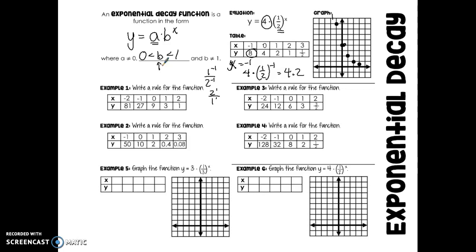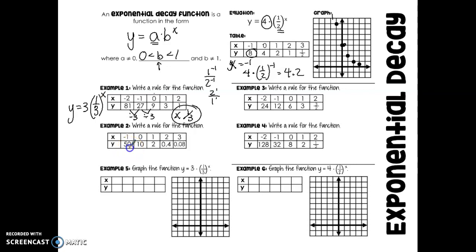So let's look at example number 1. To find this rule, we have to look at what am I dividing by? I'm dividing by 3 every time. Okay, well remember what we know about fractions is dividing by 3 is the same as multiplying by 1/3. All right, there's our a. So y equals 3, and my b is going to be 1/3 to the power of x.